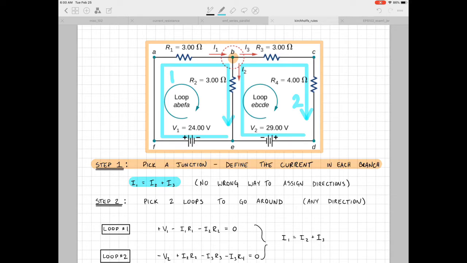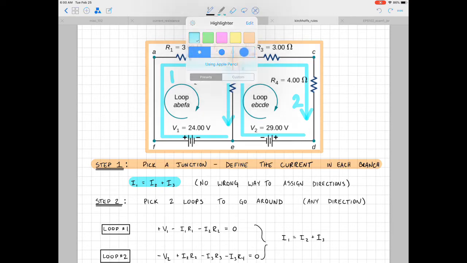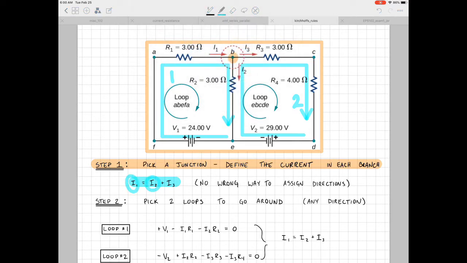It could have been anything. But the book has already chosen it, so I'm going to use what they've used. If you see here, I've got I1 coming into the junction, and then I3 and I2 coming out. So algebraically, that's simply I1 equals I2 plus I3.